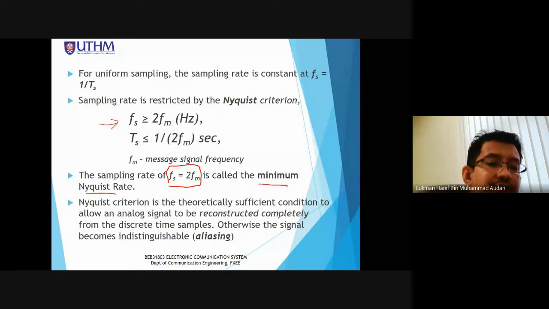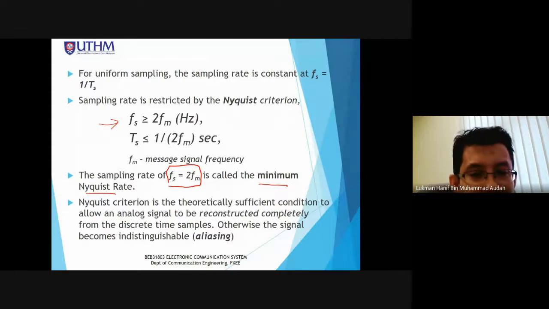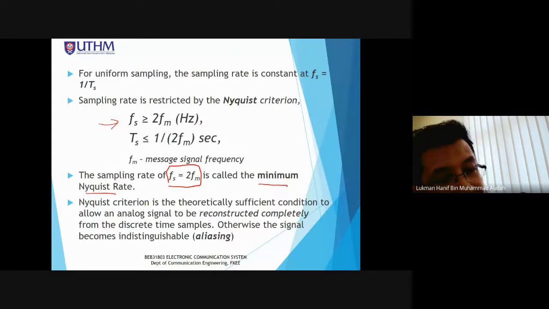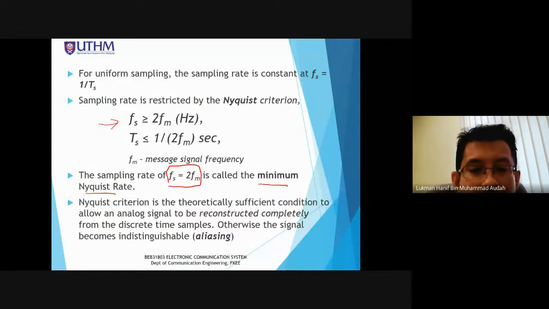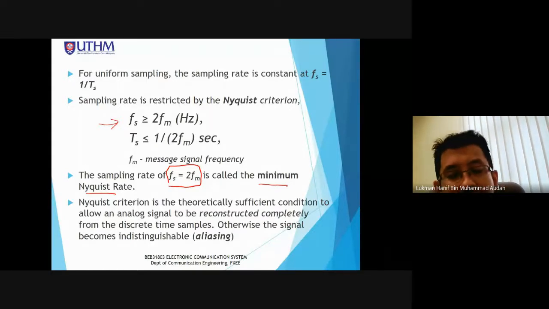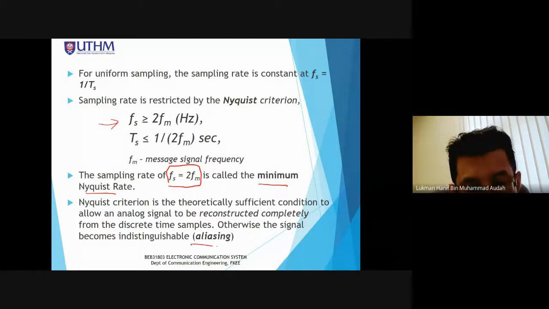Kalau kurang, if the sampling frequency less than 2 FM, it will cause overlapping of adjacent symbols. Akan berlakunya pertindihan.